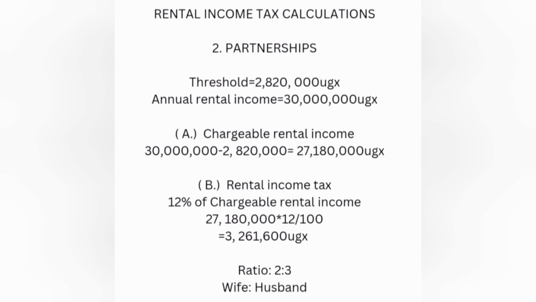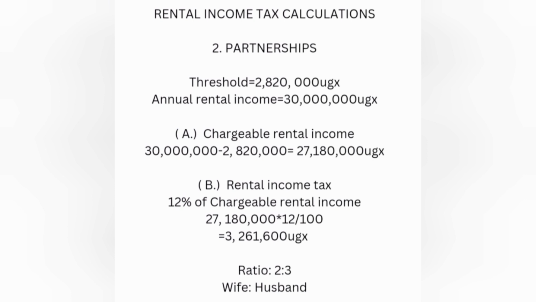As I told you earlier, in the partnership category, the income they are getting from the rental collection is divided between the husband and the wife, that is, if the partnership is between the husband and the wife. So we are giving an example. This is not a constant value. Let's say the woman gets a ratio of 2 and the husband gets a ratio of 3.